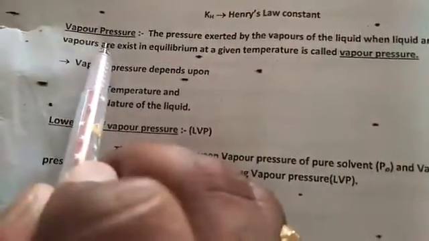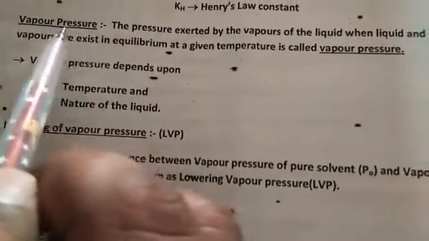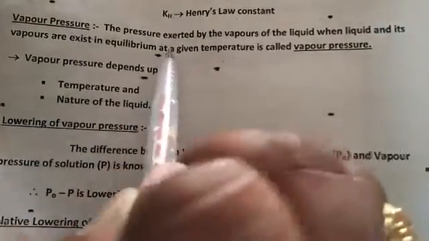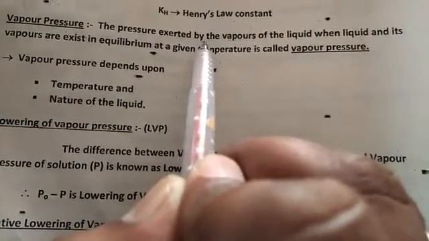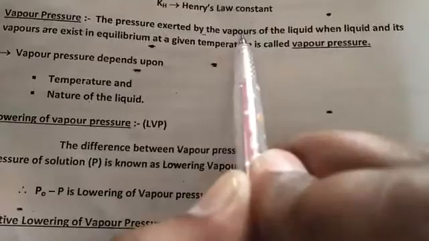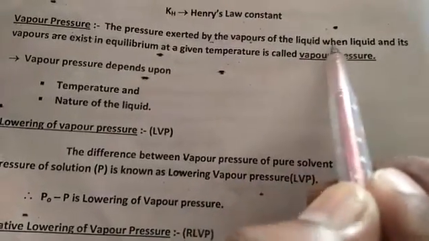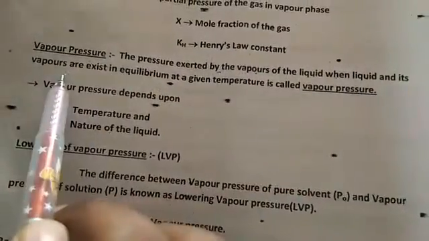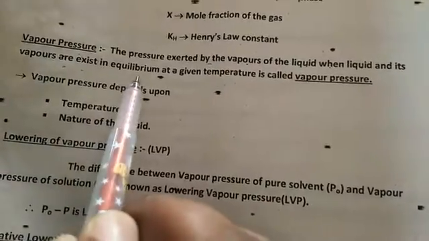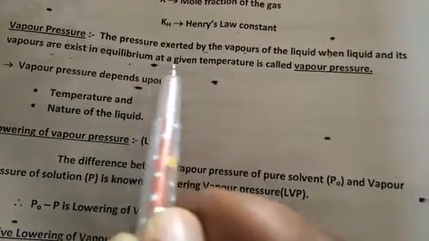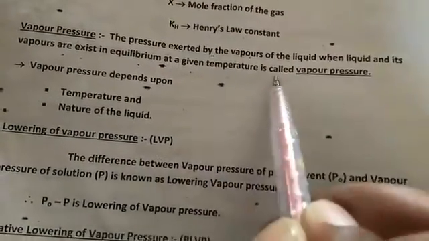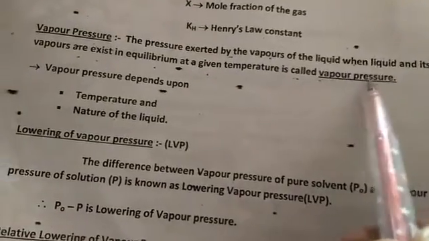So the next topic is vapor pressure. What is vapor pressure? The pressure exerted by the vapors of the liquid when the liquid and its vapors exist in equilibrium at a given temperature is called vapor pressure.